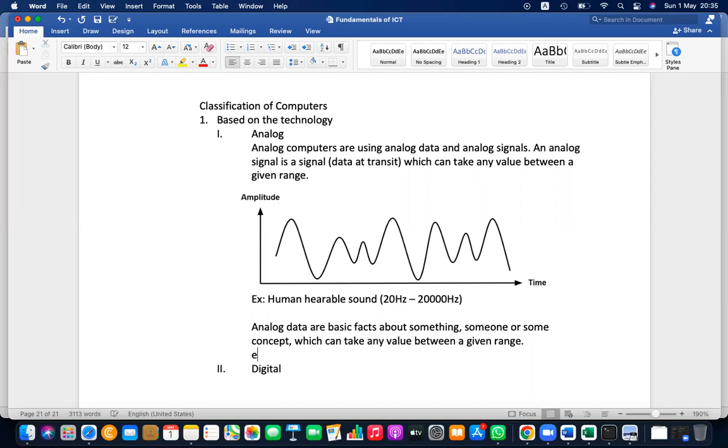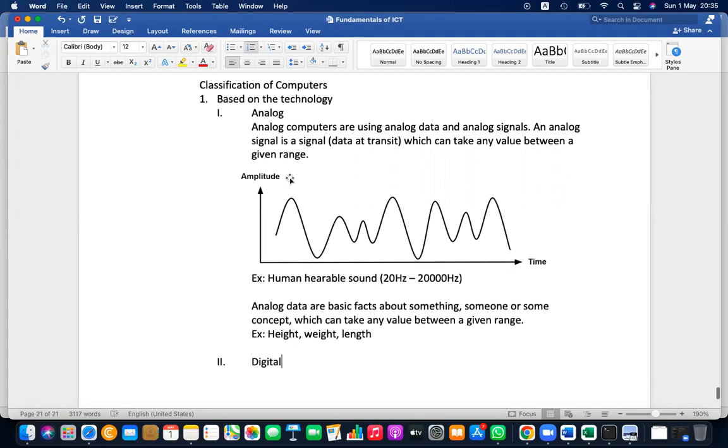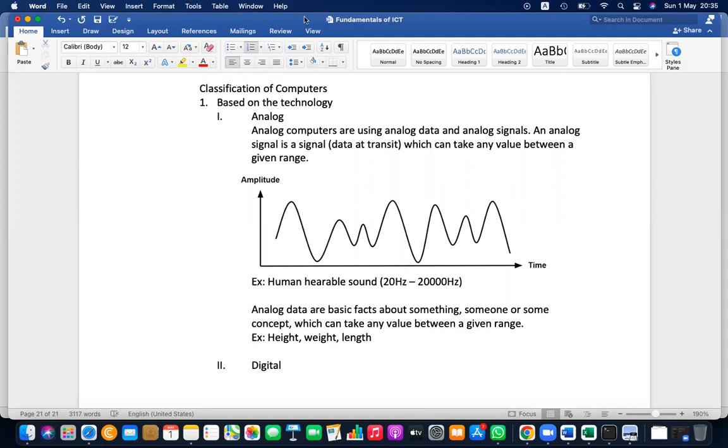So examples for this one, you can say height, weight, length. Actually, these analog computers were using analog as the technology. So please write down and let me know once you're done.